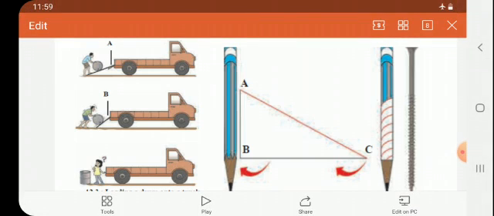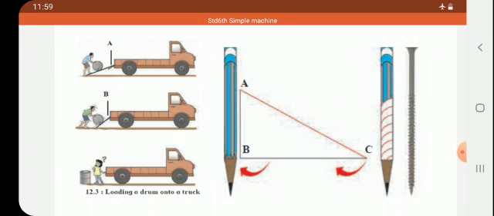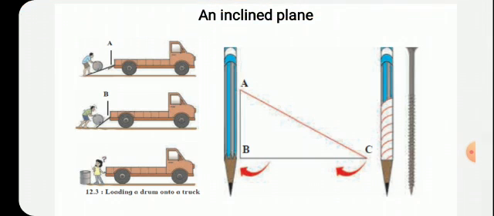That groove-like structure is helping us to do the work easier. Less force is required. You know that less force is required to fit the screw than to hammer a nail.